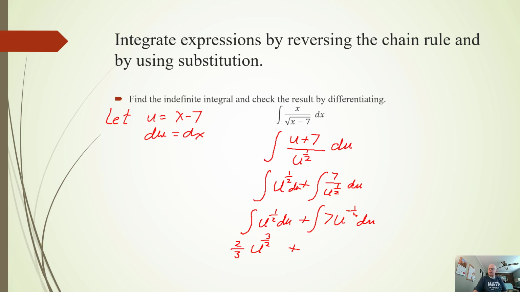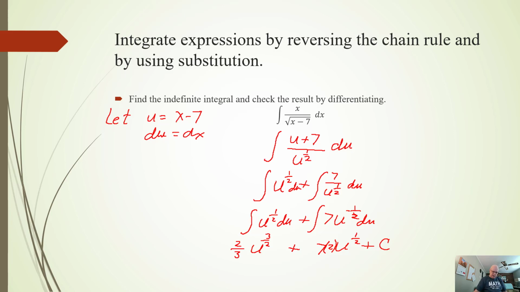Over here, we've got 7, and this will be u. Let's see, this was u to the negative 1/2 there. So add 1 to that, and we've got u to the 1/2 divided by 1/2, which means we multiply by 2. And there's our combined constant of integration.